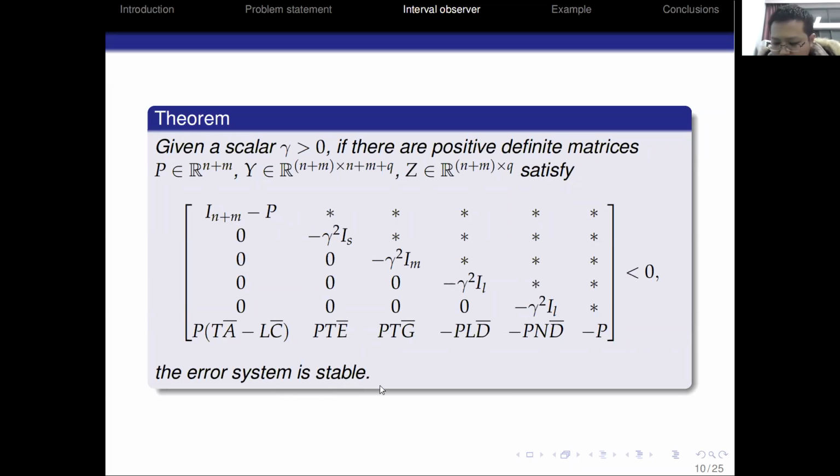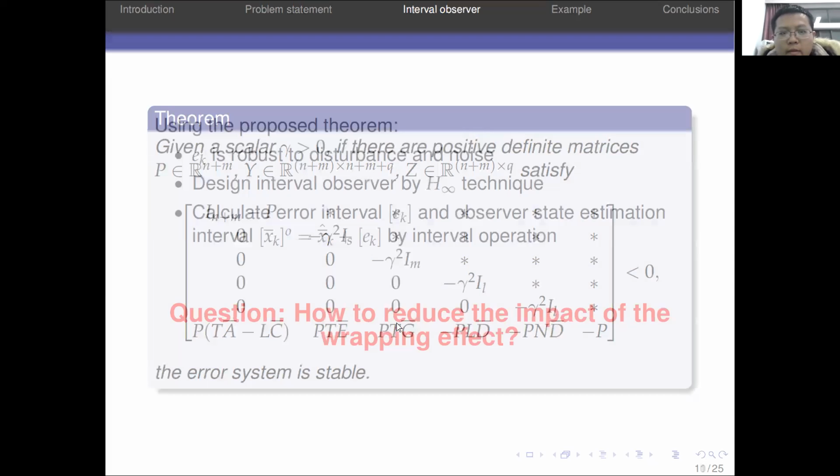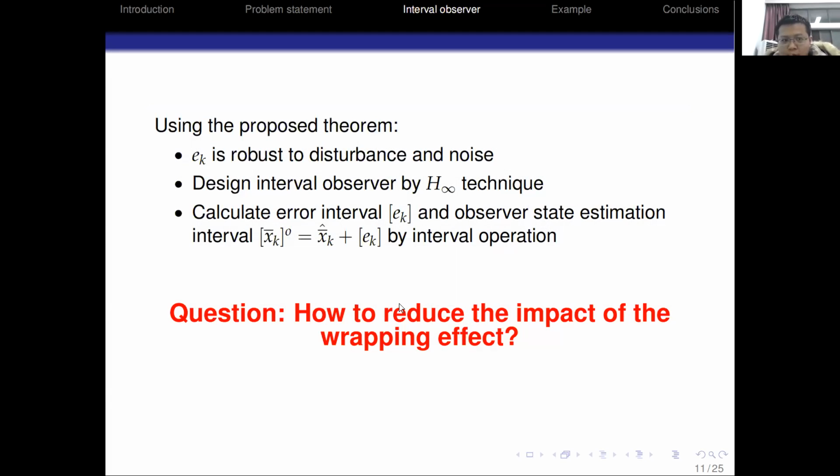This can be solved by the LMI method. Then, using the previous theorem, ek is robust to disturbance and noise, and the main challenge is to reduce the impact of the wrapping effect.